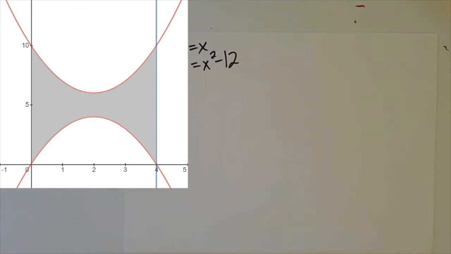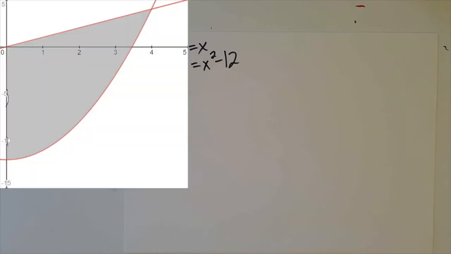I'll pull up graphs of those two for you, so that will look like this. And let's say I want the area of this region. Okay, sort of like an airplane wing, I guess, roughly.